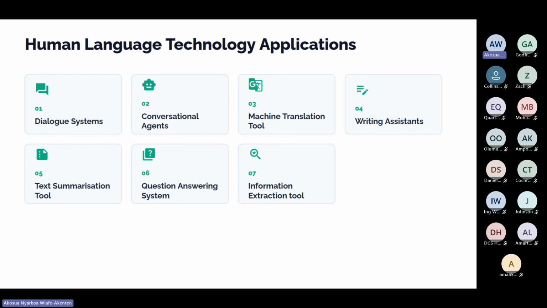Okay, so let's assume you want to build a Ghanaian language customer service assistant. You realize that this is your target solution or application, and this application would use several capabilities that we already talked about: intent detection, language detection, emotion detection, sentiment analysis, right?